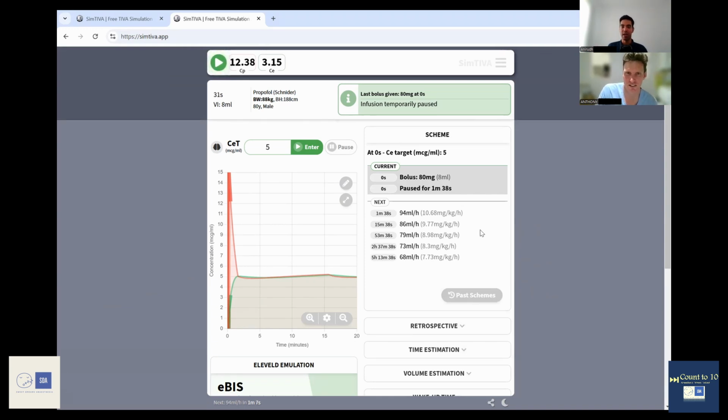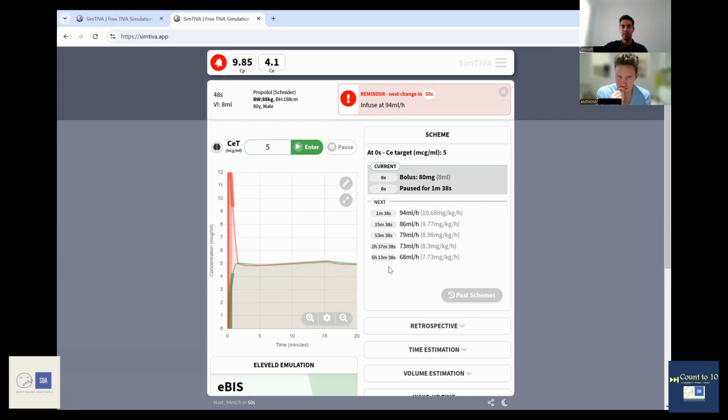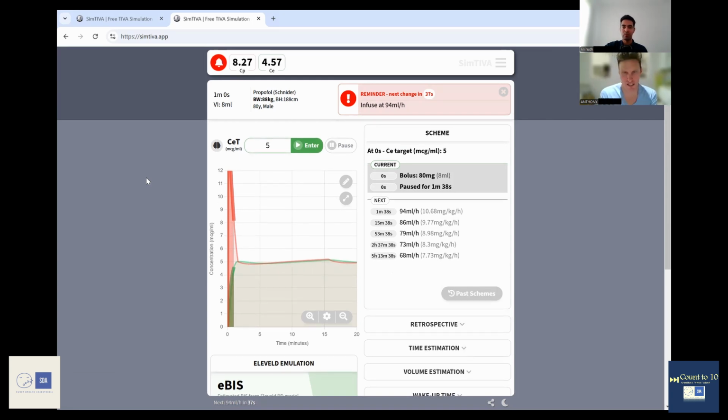It's using age, weight, lean body mass, and it's adjusting for gender to calculate this. So the bolus is lower, but importantly, the variable infusion rates over the next 5 or 6 hours are also lower compared to our 20-year-old, 88 kilo, 188 centimeter, same BMI patient who's also male. Now let's pick this apart and figure out why that's the case.